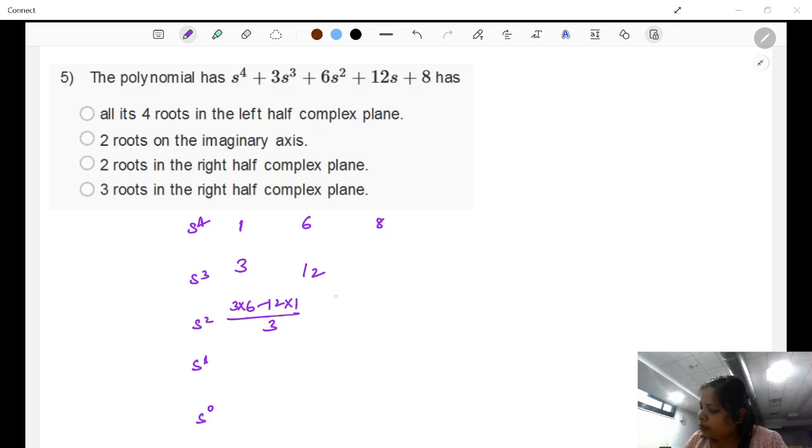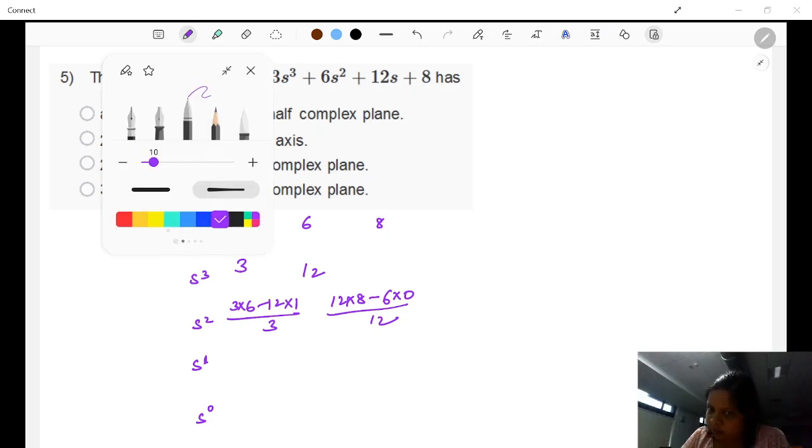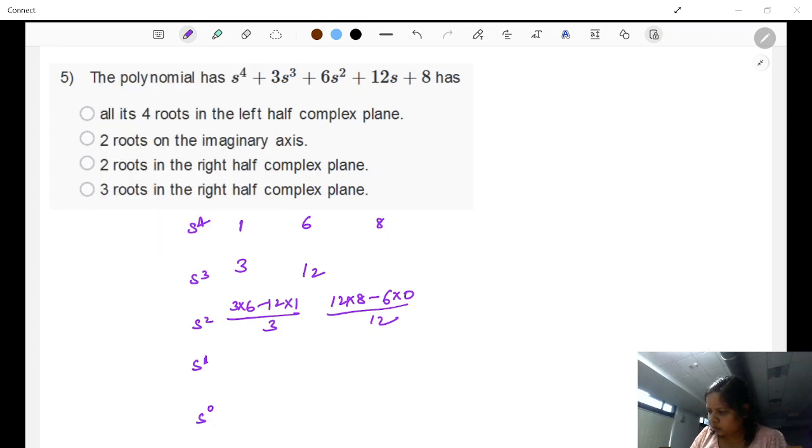The second element would be 3 into 8 minus 1 into 0 upon 3.